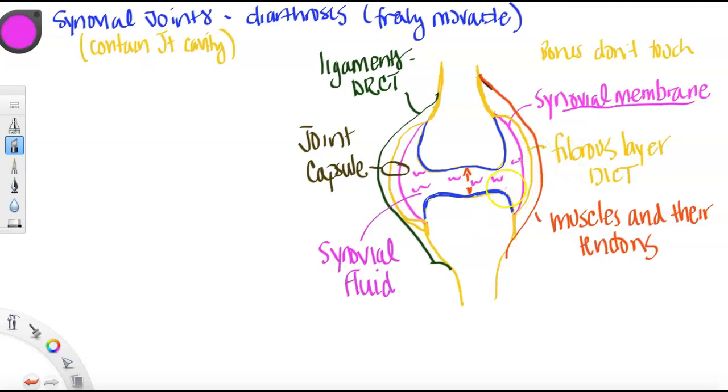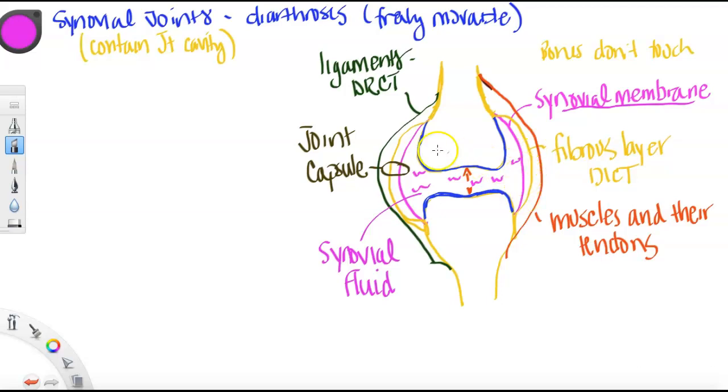And it's a very slick, smooth, sort of slimy, slick fluid there, kind of like snot, okay? And it really reduces the friction in there. Okay, so that's basically a synovial joint.